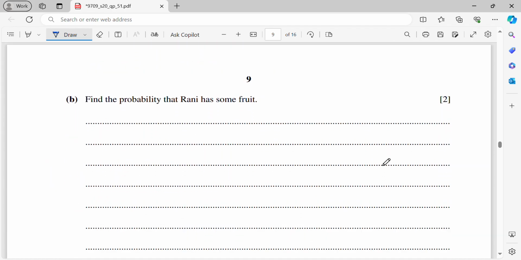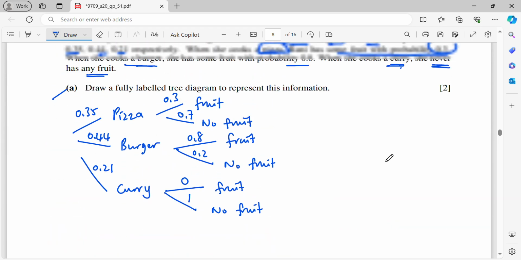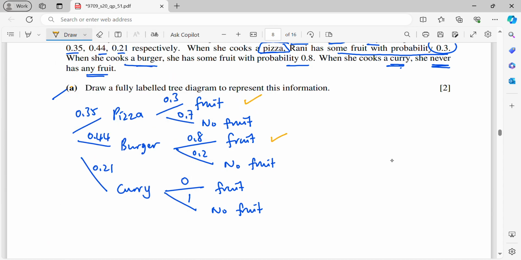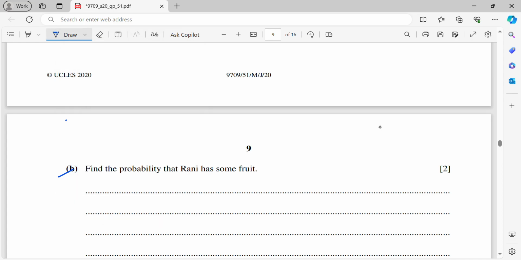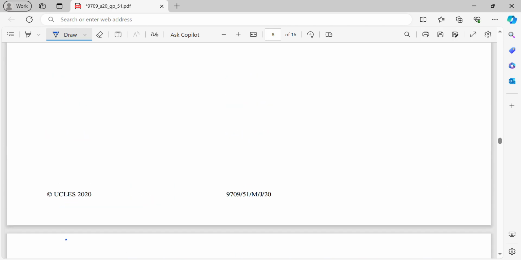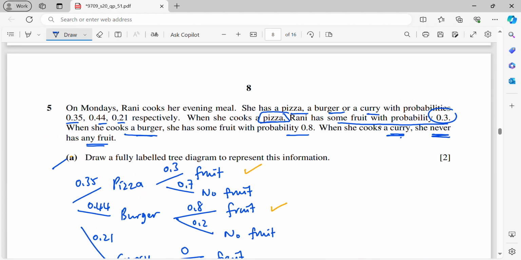Now, B, find the probability that Rani has some fruit. So, when she has fruit, that means she either cooks pizza or burger. Alright, so here I will just write P fruit equals to the probability of pizza times the probability of fruit, 0.35 times 0.3.